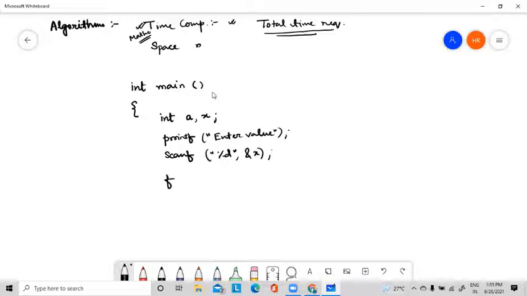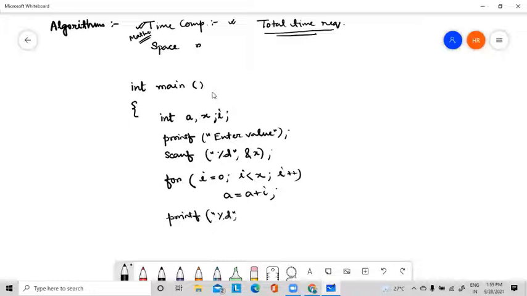Then suppose I have used one for loop to perform some particular operation. So let us write it like this: i less than x, then i plus plus. Then inside this, suppose I am writing a equal to a plus i, and then finally suppose I am printing the exact value of this a, that is %d a.